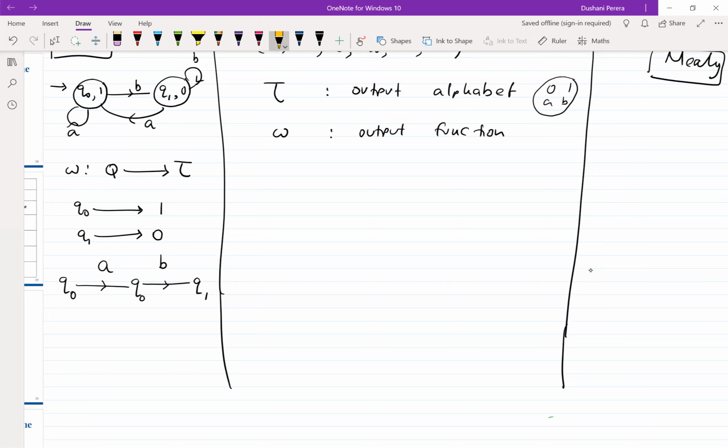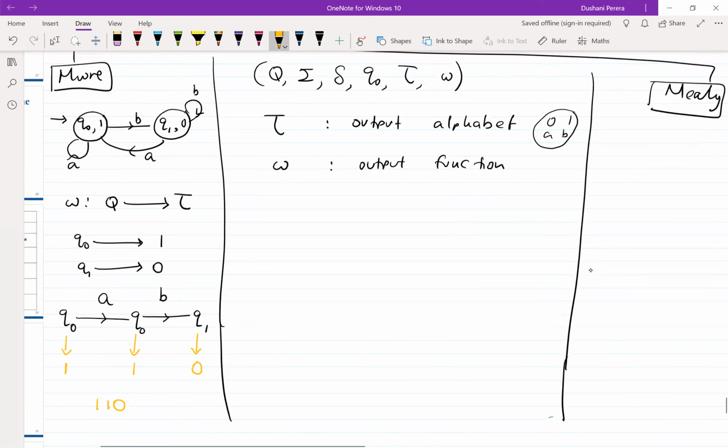During the transition, what gets printed? At Q naught you get 1 printed, again 1, and at Q1 you get 0 printed. So when the machine traverses the string AB, it prints the output 1 1 0. This is how a Moore machine works.